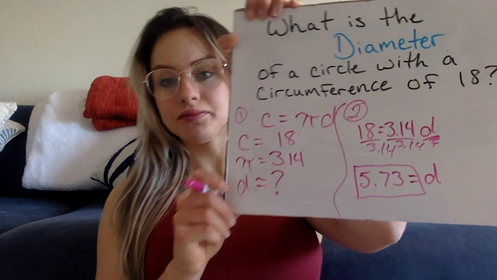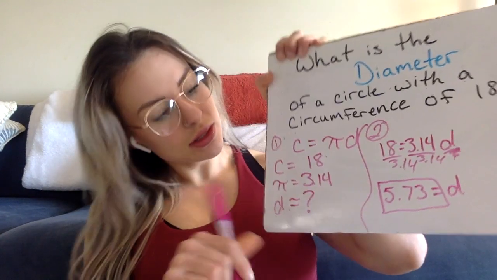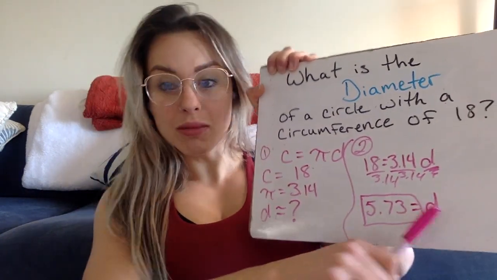So we have 18 divided by 3.14. So we get 5.73 and a bunch of other decimals as our d. Okay, so we just found the missing variable here.